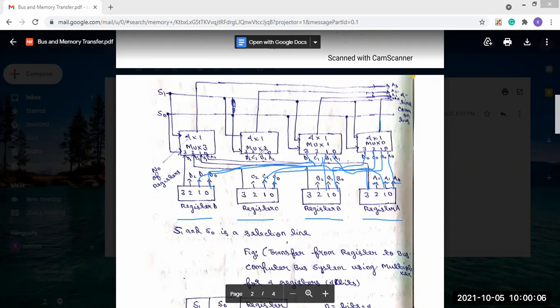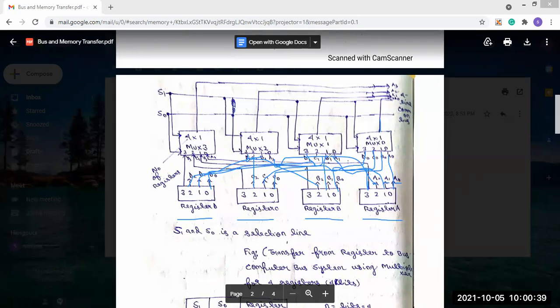For the next multiplexer, the inputs will be A2, B2, C2 and D2. And for this multiplexer, what will be the input? The inputs will be A3, B3, C3 and D3.